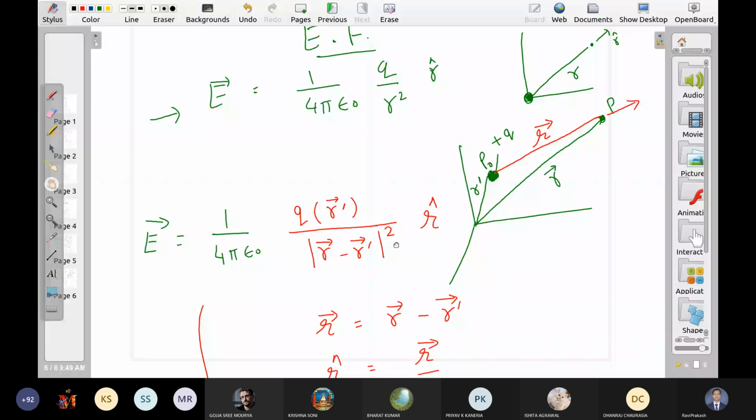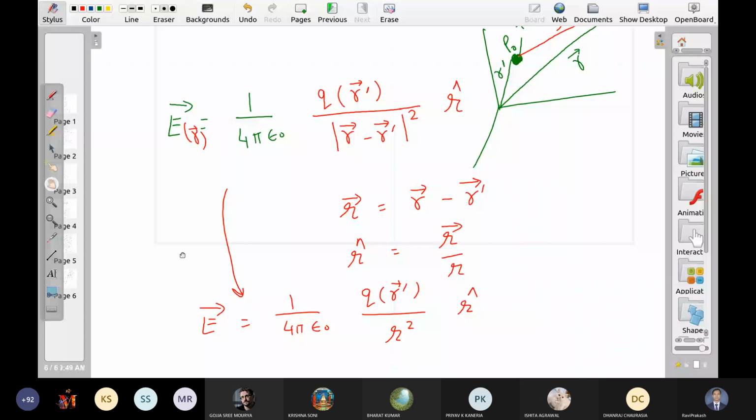So r prime corresponding to the location of charge. Vector r defines the position of the point where you want to calculate the field. So vector E is actually at r. Electric field at this position is given by this formula. Just a mathematical setup, nothing to worry about it here.